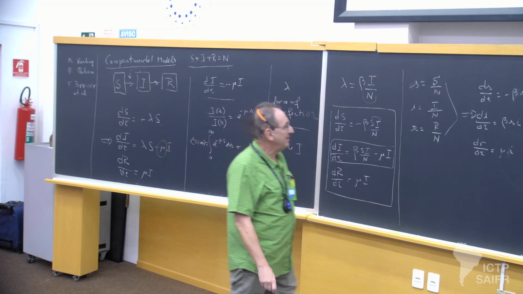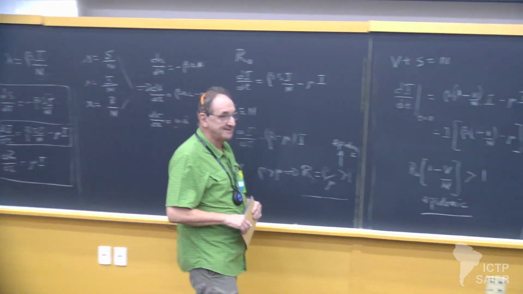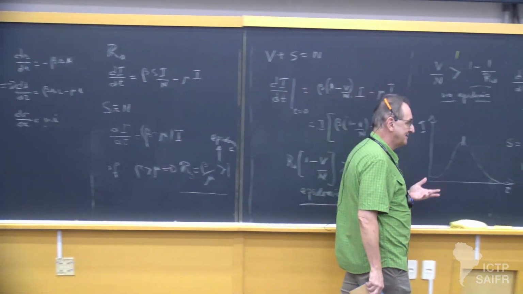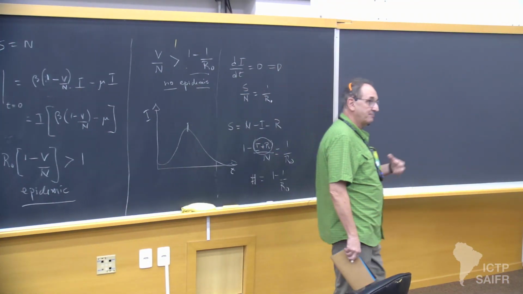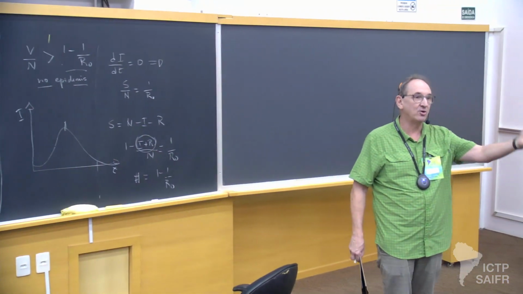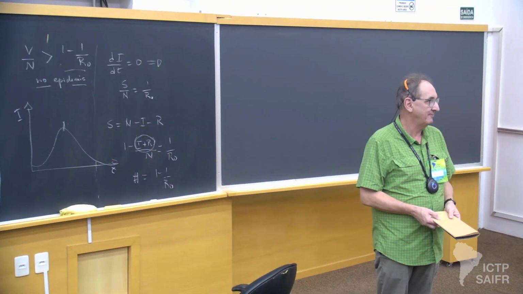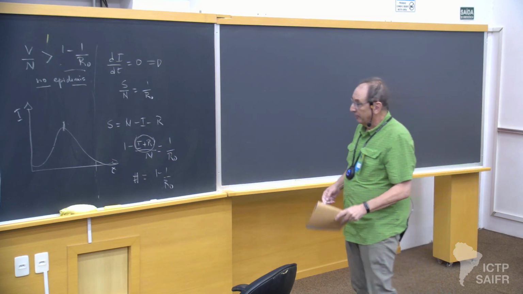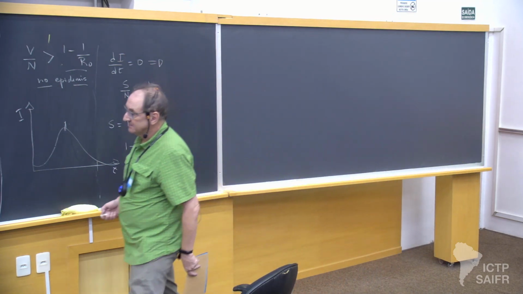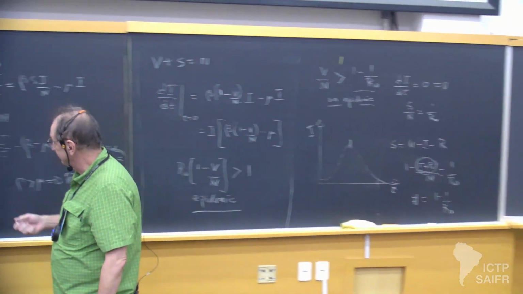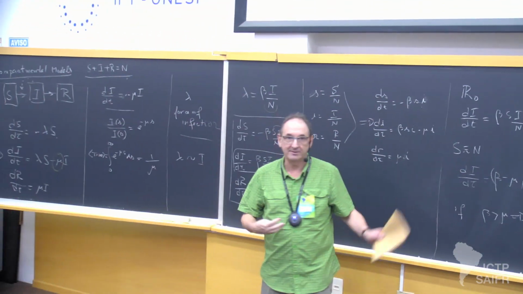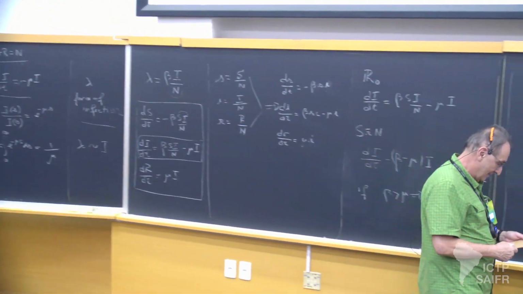Now, we have been told that R naught is the number of new cases that an infected person generates over the course of the infection. So why is this definition, this verbal definition, the same as here? So the same means the following.